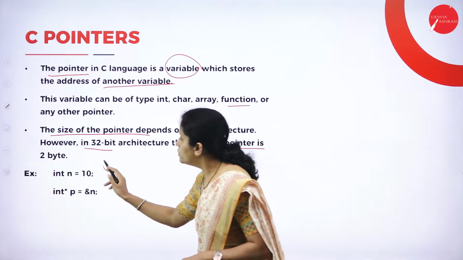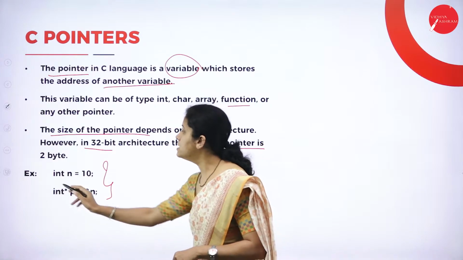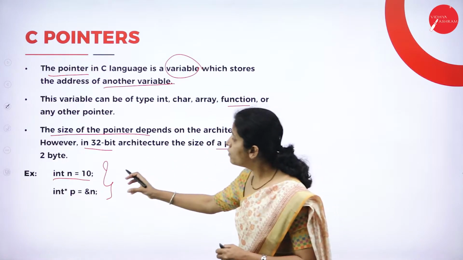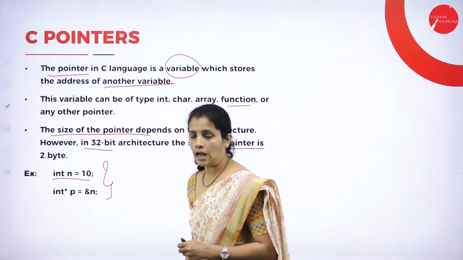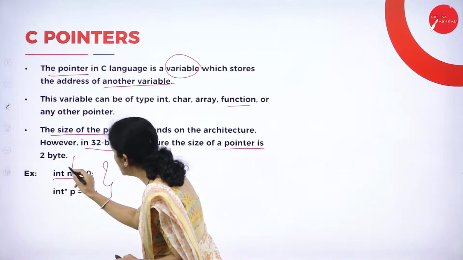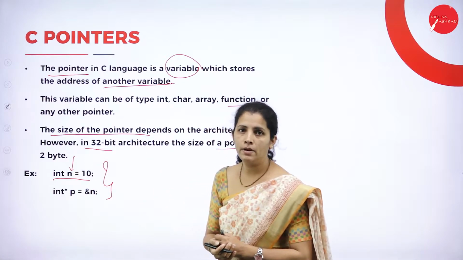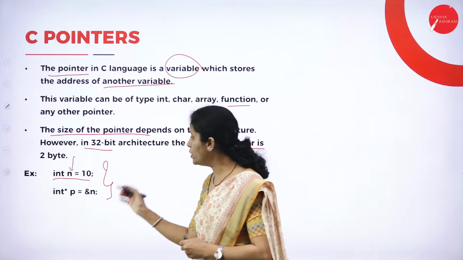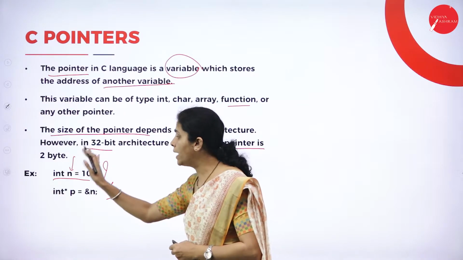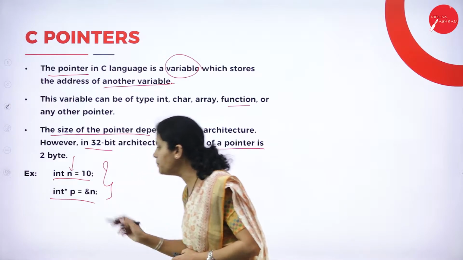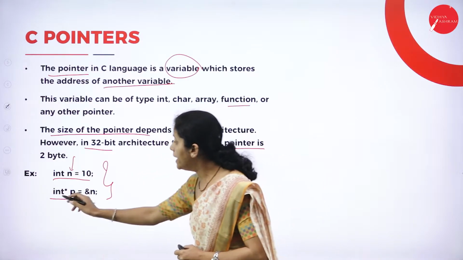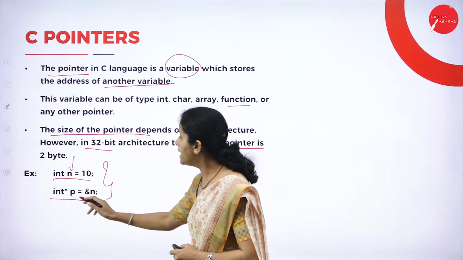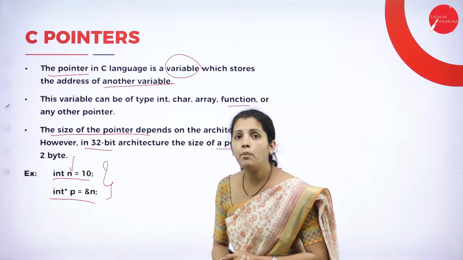Now, I'm going to give an example. First, I want to write the data type and consider the variable. My variable name here is n, and I'm going to assign 10 to n. Now, I'm going to create the pointer. Here int is the data type and ptr is the pointer.